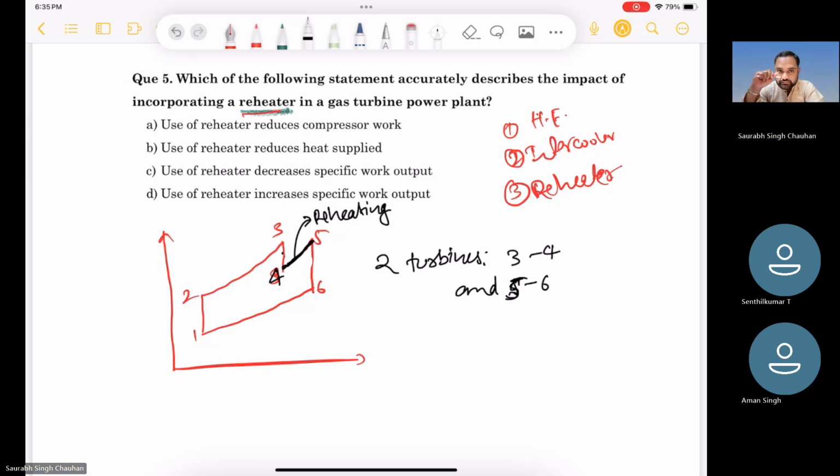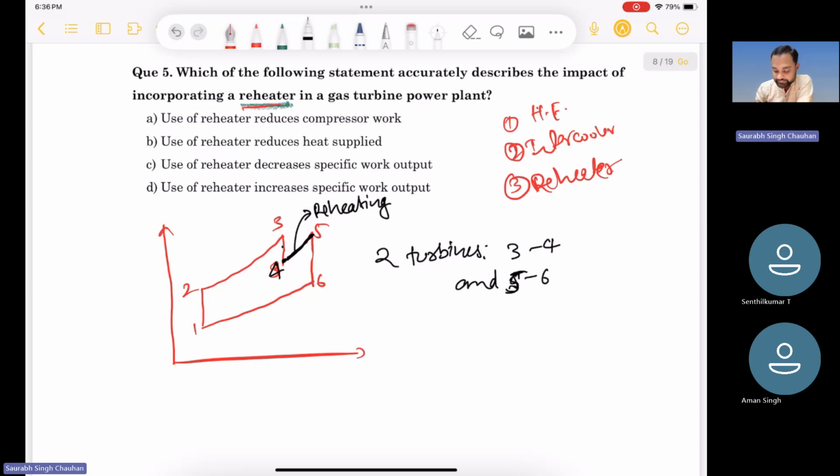You cannot have infinite reheating stages; somewhere you have to stop. But the purpose of using these reheating stages is to increase the specific work output.